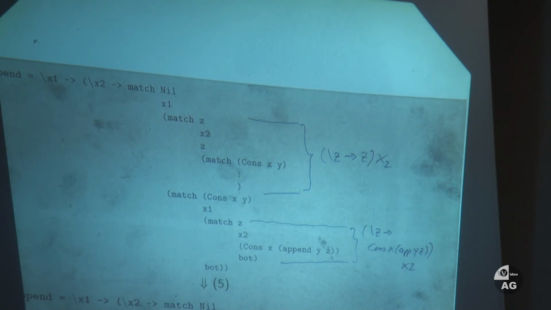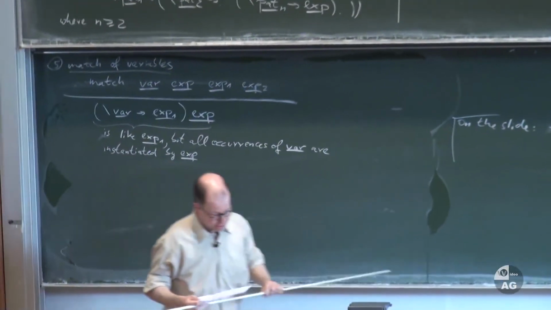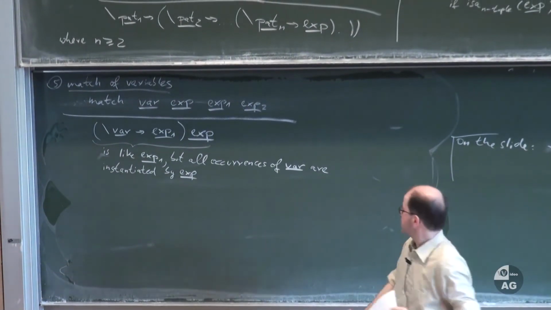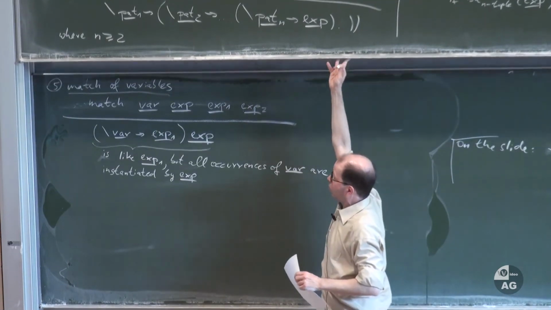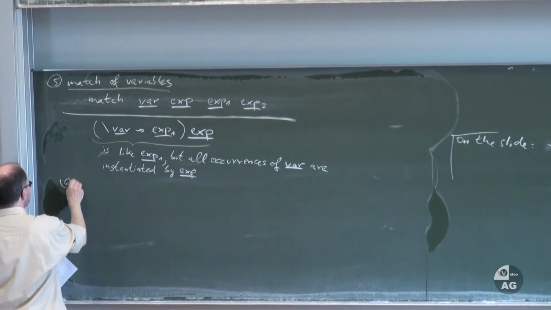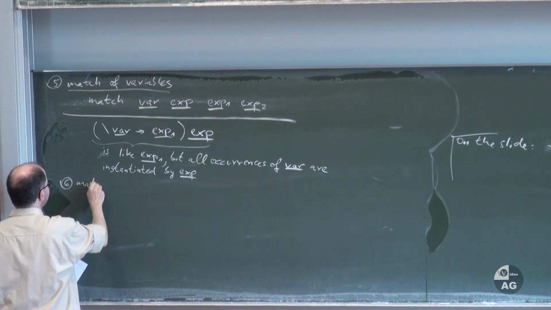So now I explained what to do if I match tuples of patterns and what happens if I match a variable. Now what other patterns do we have? Another possible pattern is the joker pattern, and that of course also always works. So if I have the joker pattern, the rule works in the same way as for variables.